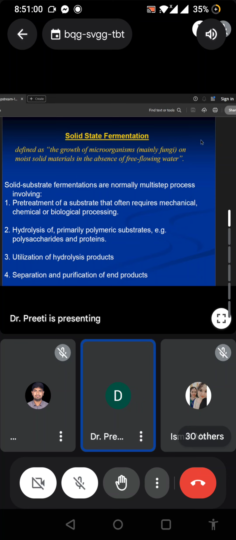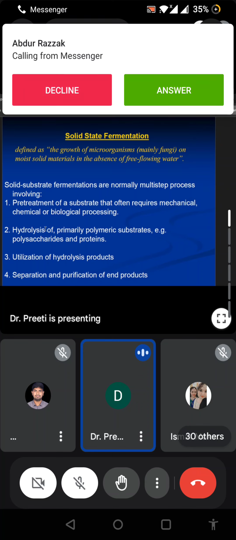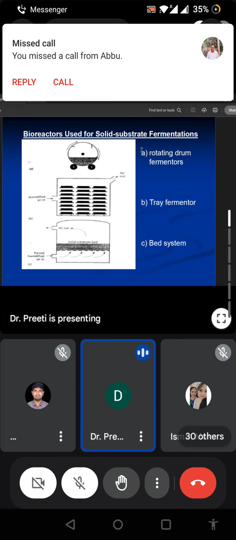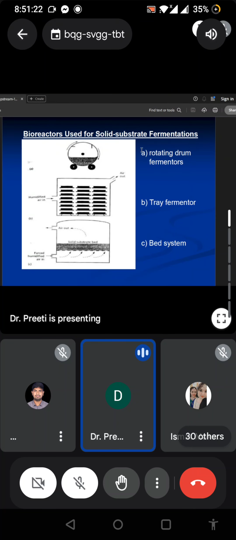And then in case of solid state fermentation, here you usually have to pre-treat the media with chemical, biological, enzymatic methods. So you basically do the hydrolysis so that organisms can utilize that media easily. The fermenter used here obviously will not be like liquid mixing.